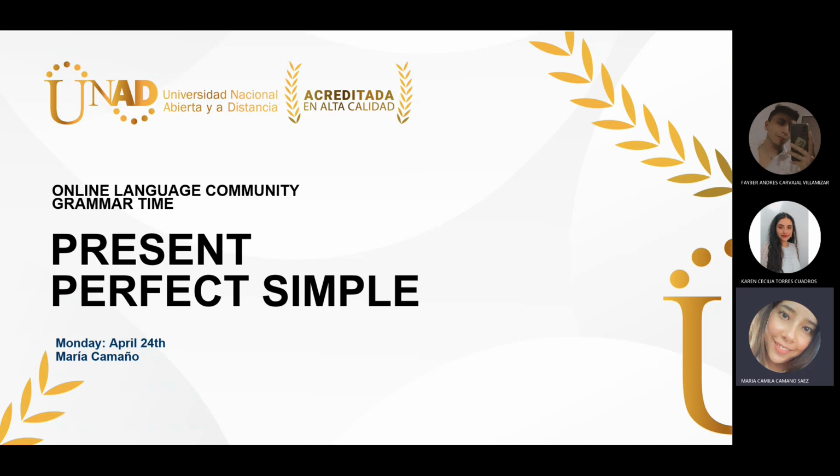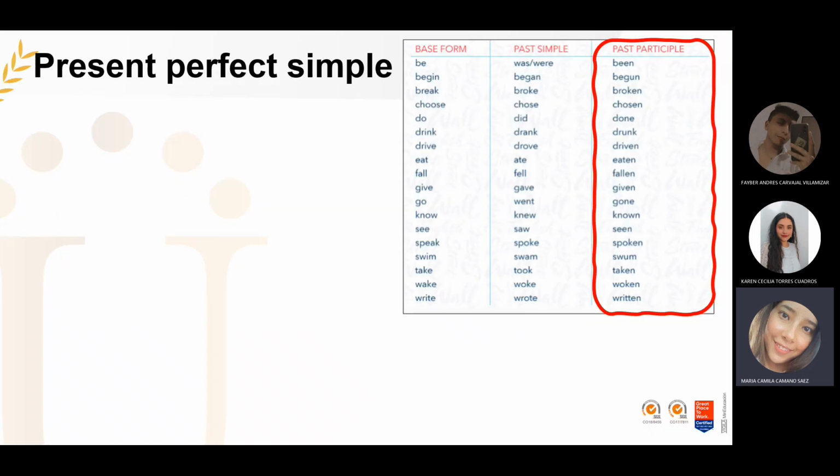Present perfect simple puts emphasis on the result. And with this tense, we have to use the third column of our list of verbs. The third column is about the verbs in the past participle form.